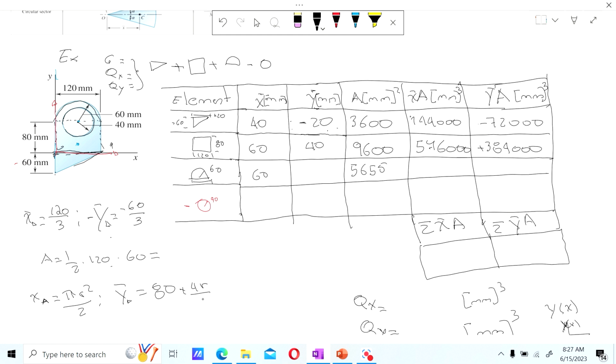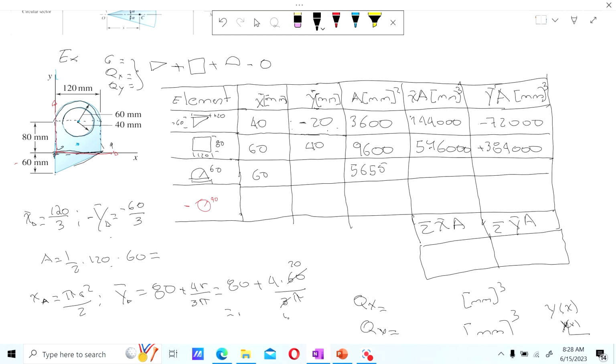4 times the radius divided by 3 pi, which is equal to 80 plus 4 times 60 divided by 3 pi. Okay, if you want to simplify further, you just know that 6 divided by 3 is 2, and 4 times 20 is 80.